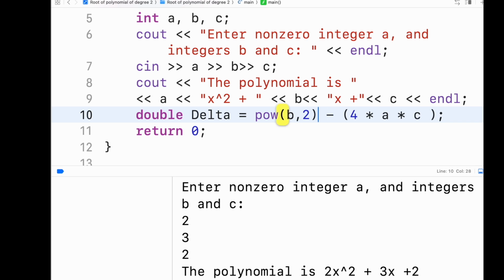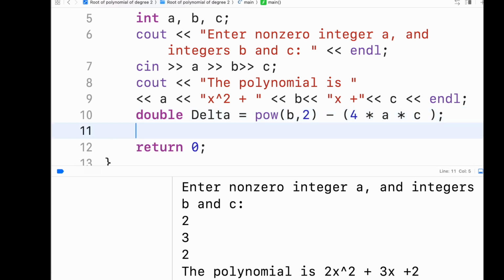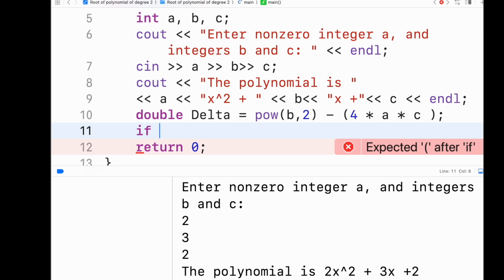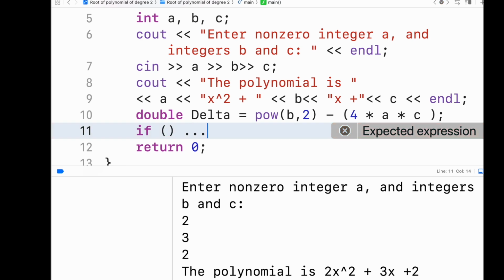So now we can find the roots, right? But the root exists if delta is bigger or equal to 0. So look at the caption. If you want to know how to use if, you apply our 7 steps explained in the caption.